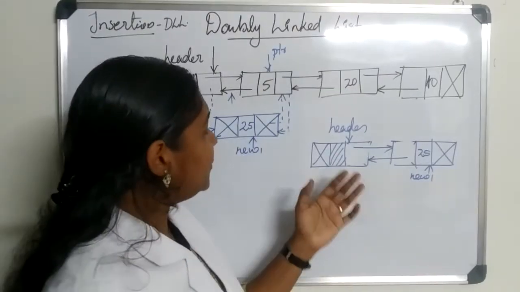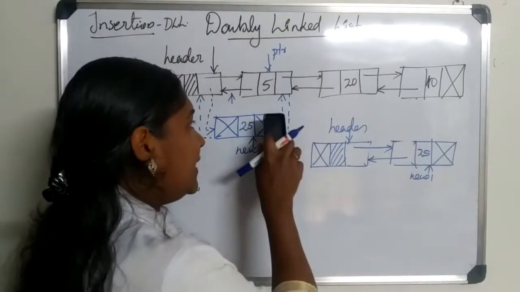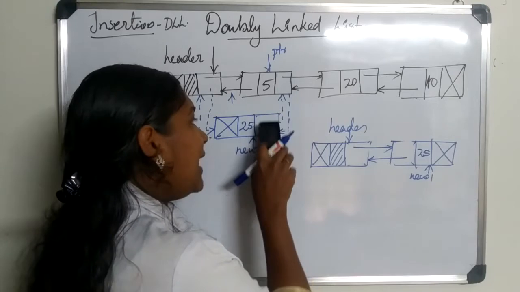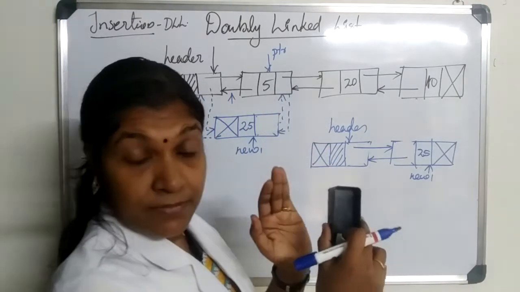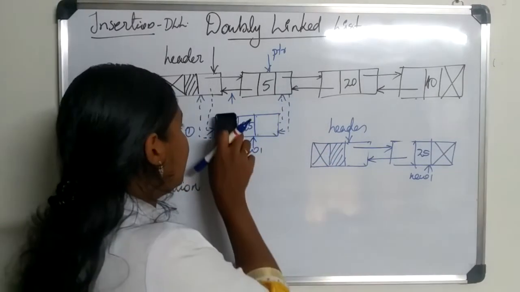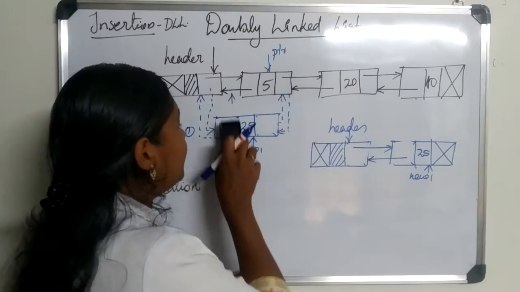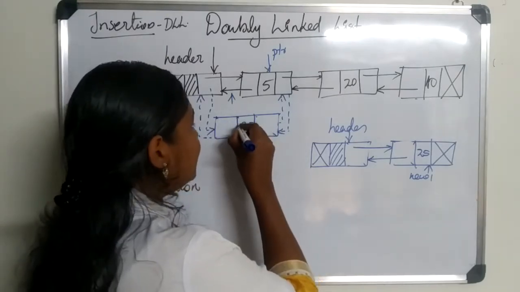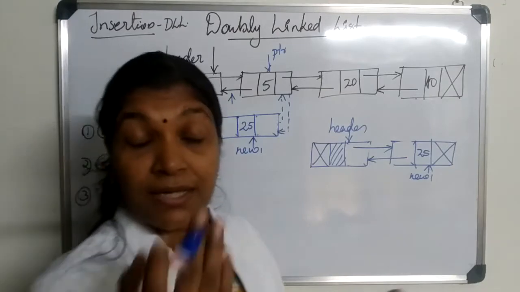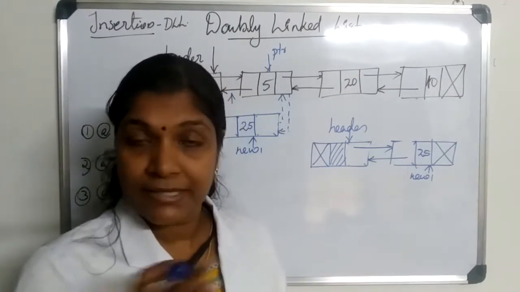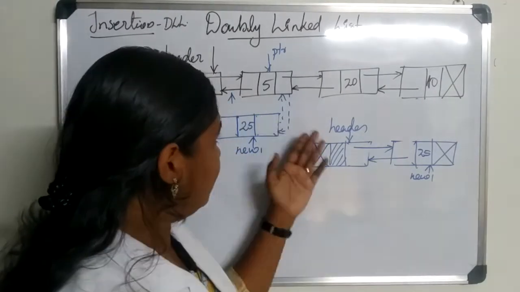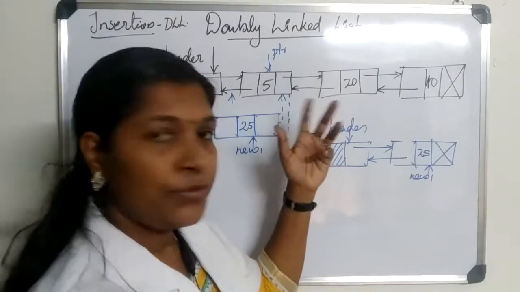Whenever you manage the link at one side, you manage both these links together. Then only you can proceed easily. Otherwise, there is a chance to miss out either of the pointer management. So whenever you reset the pointers, you do it together.